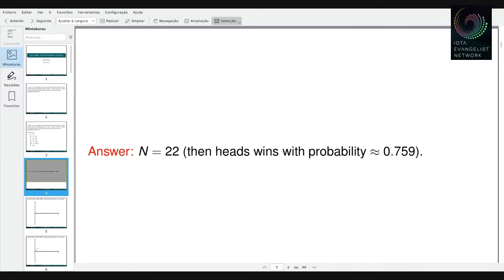Normally people tend to overestimate this size. So that's a not really intuitive example of how easy it is to bias the outcome in this balanced situation.